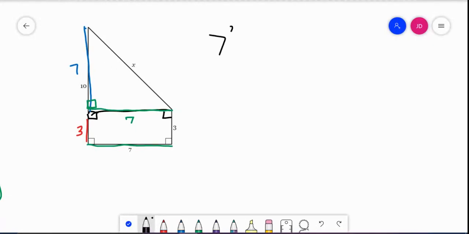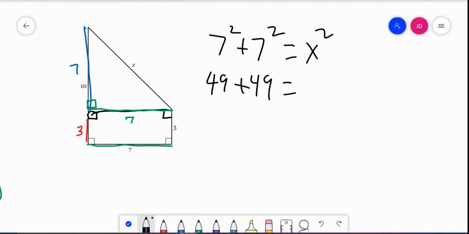So we have 7 squared plus 7 squared equals x squared. We have 49 plus 49 equals x squared. 98 equals x squared. Find the square root of both sides.